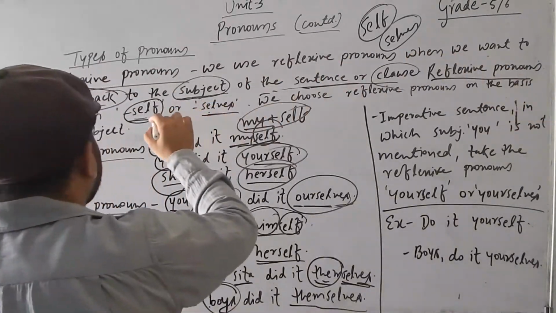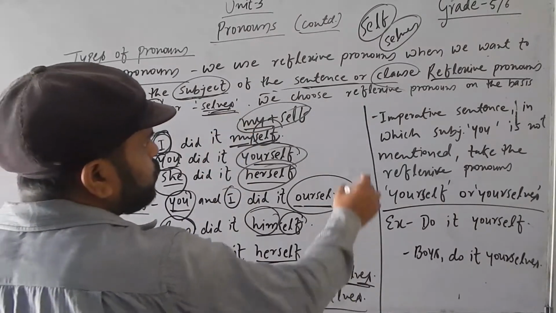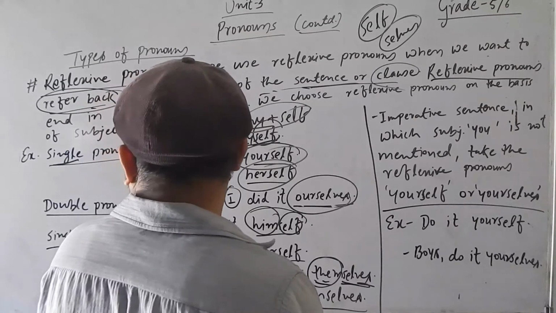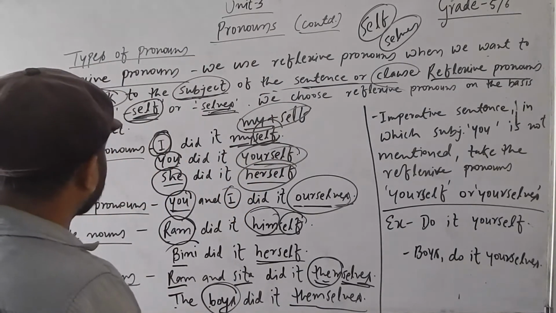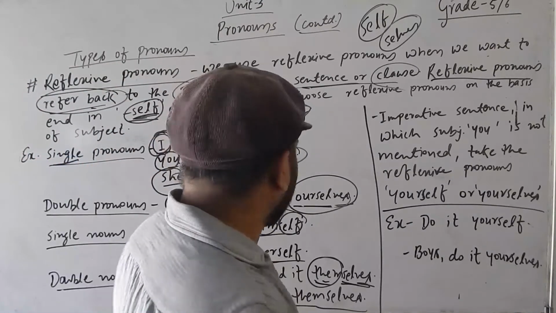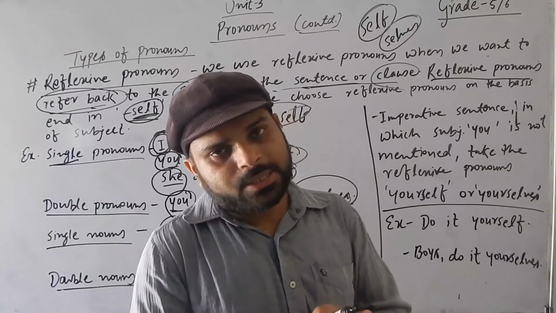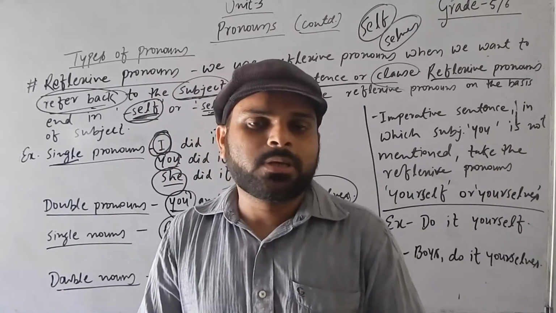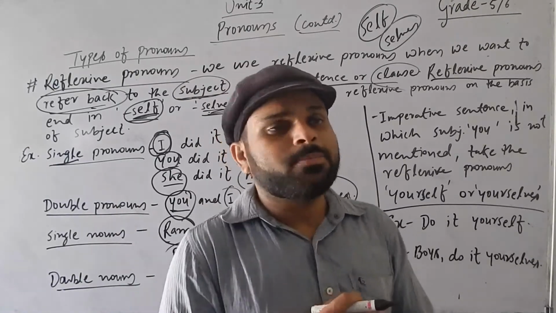Reflexive pronouns generally end with self or selves. We choose reflexive pronouns on the basis of the subject, because if the subject is I, you, she, he, accordingly the self will be changed. Myself, herself, himself, ourselves, themselves. Likewise, it depends upon the subjects.